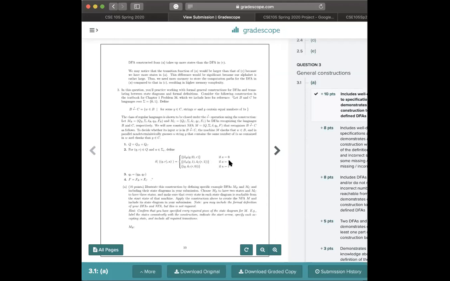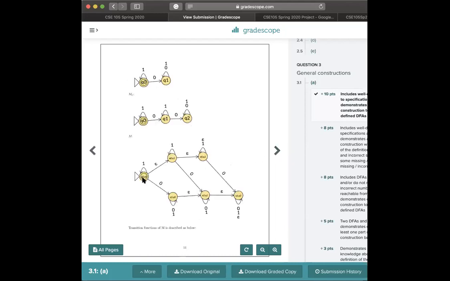Here it says upon reading a 0, MB, as the first component in our Cartesian product, should also process the 0 and go to the next state, whereas MC stays in the same state. So in this case, let's say we're in Q0 and we read a 0. Our MB should process the 0 and go from Q0 to Q1, whereas the state in MC stays the same.